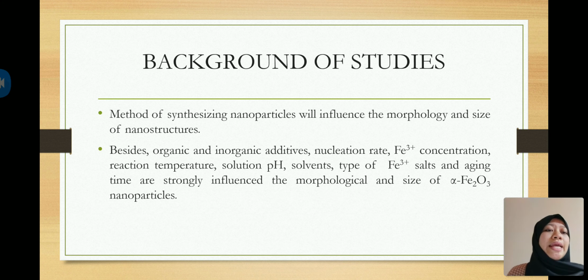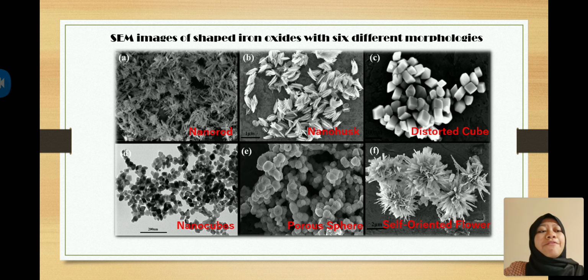Besides, organic and inorganic additives, solution pH, solvent, nucleation rate, iron (Fe3+) concentration, reaction time, types of iron (Fe3+) salt, and aging time strongly influence the morphology and size of alpha iron oxide nanoparticles. This is an example of images of iron oxide with six different morphologies.